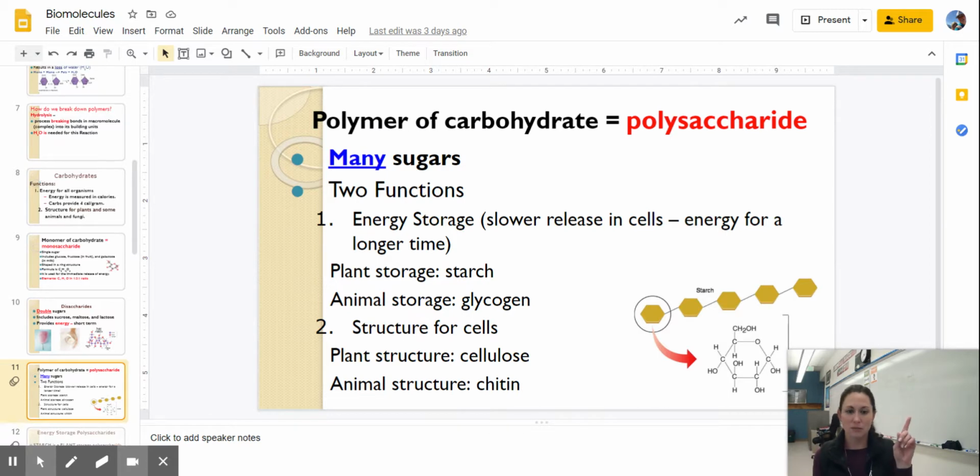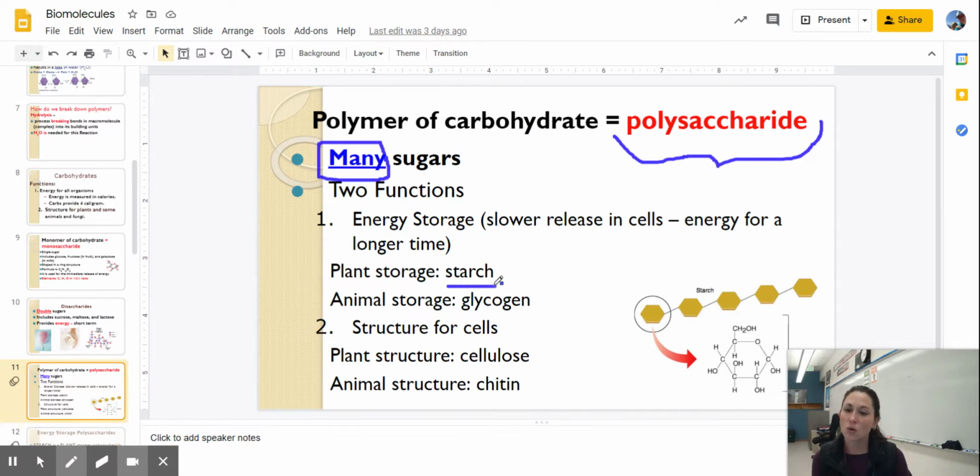Okay, so we've talked about the monomer. We talked about these disaccharides that are kind of in the middle. And the last thing I want to mention are these polysaccharides. This is the polymer of carbohydrate. These are many sugars, all linked together. Now, the functions of these more complicated carbohydrates are a little bit different. Sometimes we could store energy.